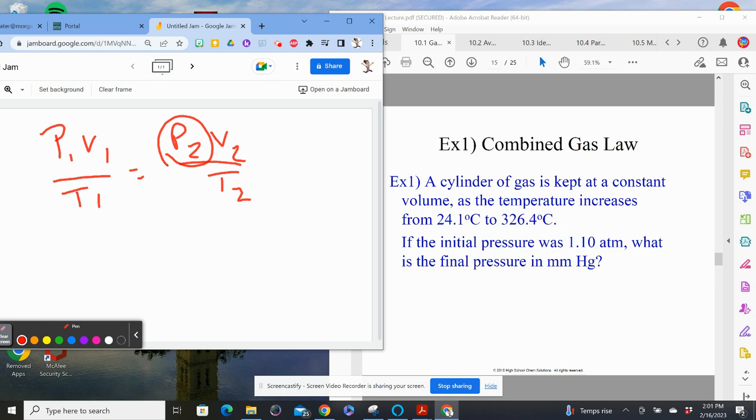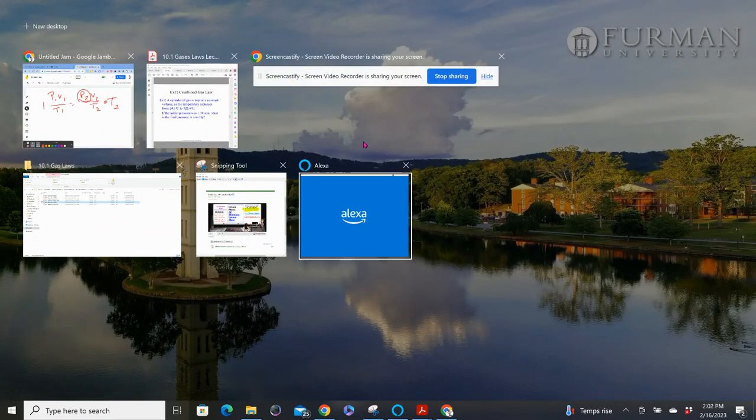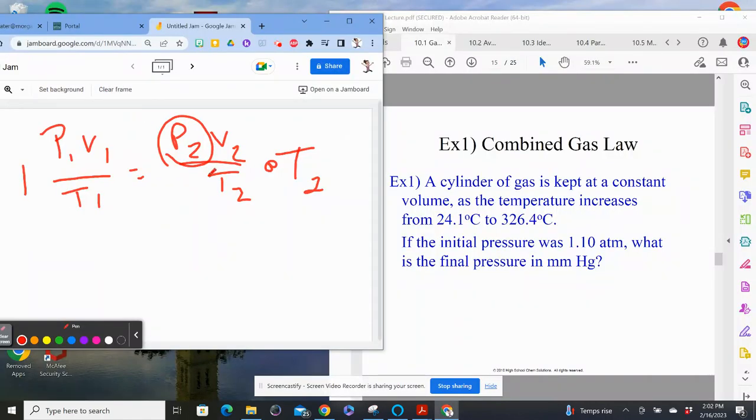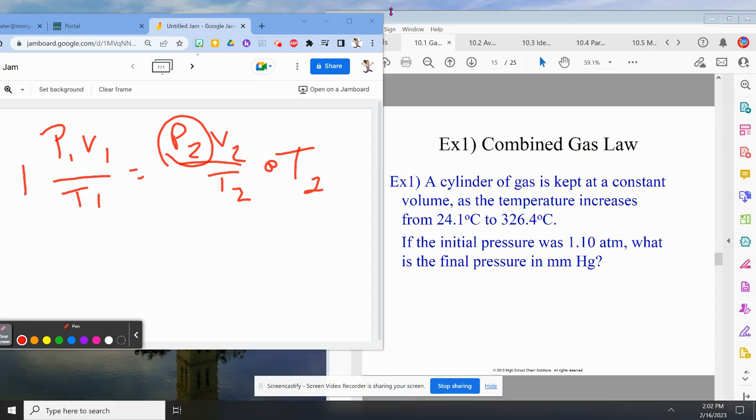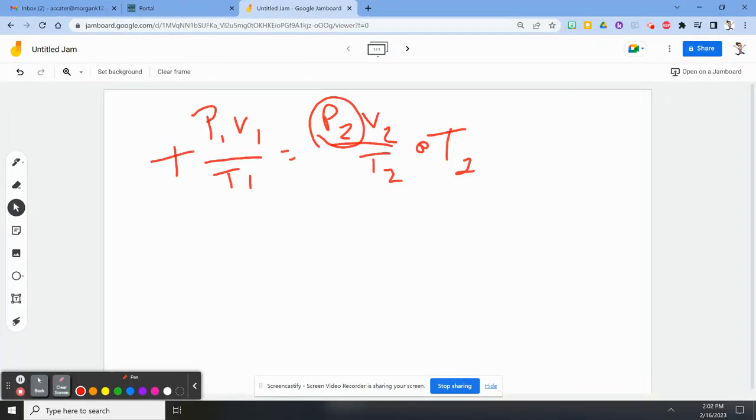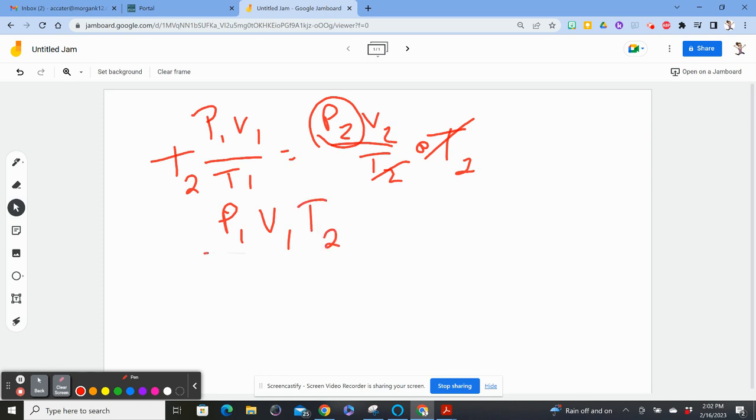If we look at what's done to P2, we're going to do the opposite. P2 is divided by T2, which means I'm going to multiply both sides by T2. That gives me P1 V1 T2 over T1 equals P2 V2.